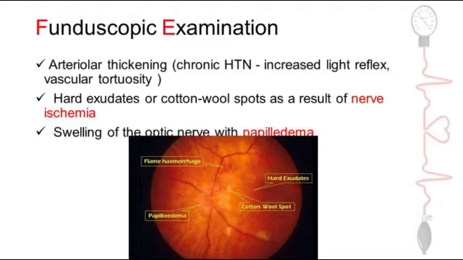Also, funduscopic examination is very important. We can see papilledema, which is a swelling of the optic nerve. We can see hard exudate and cotton wool spots, which are the result of nerve ischemia.